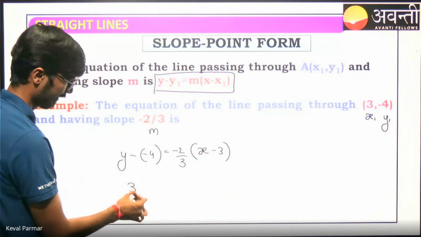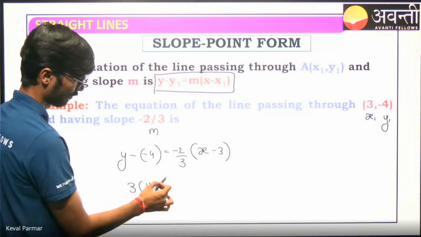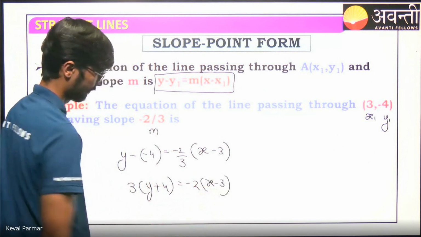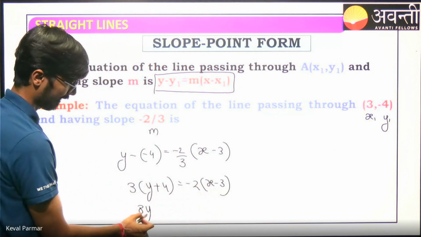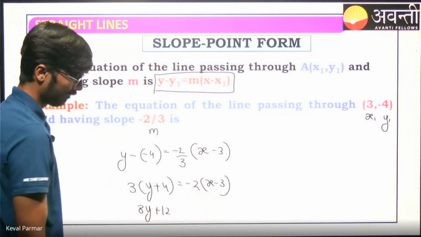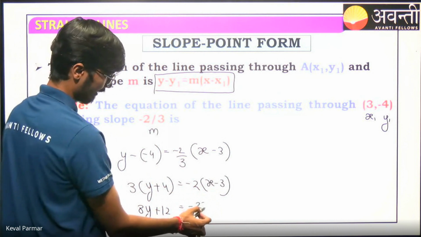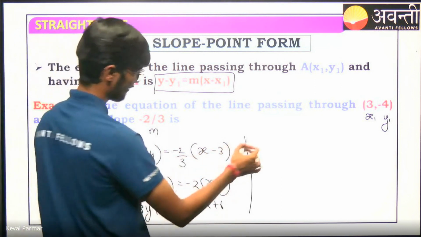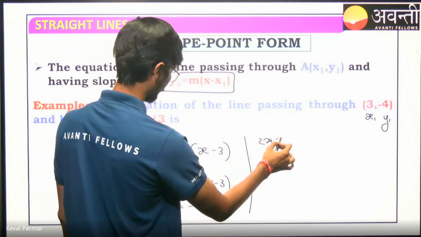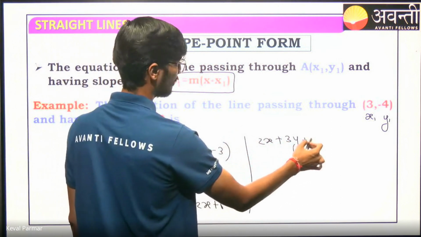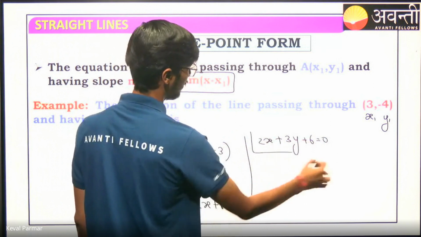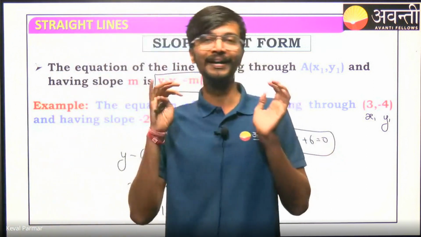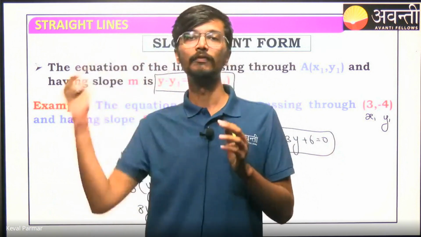So I'll get 3 into y plus 4 is equal to minus 2 into x minus 3. So that means 3y plus 12 is equal to minus 2x plus 6. If I take everything on the left hand side, I'll get 2x plus 3y plus 6 equals 0. Simple. This is just an example for you all to understand how to use the formula.